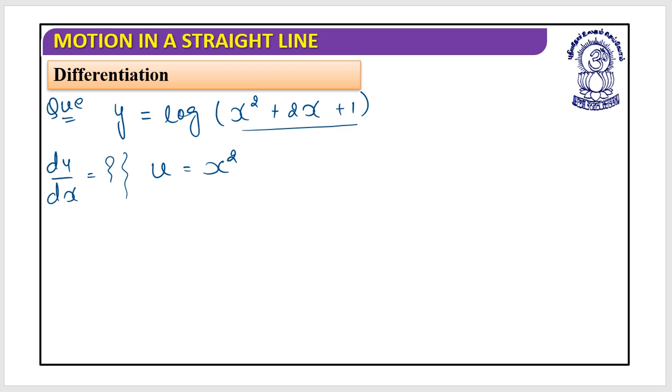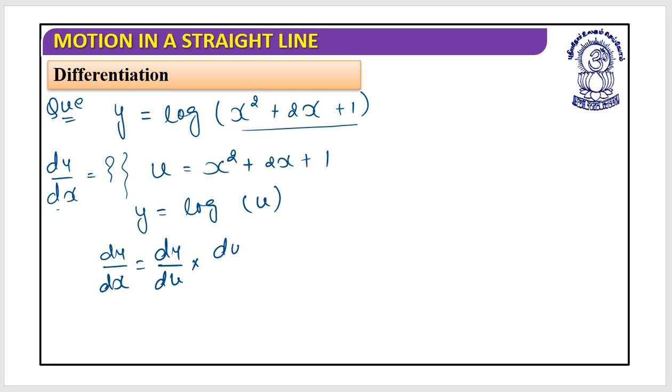My u would be x square plus 2x plus 1. So my new equation should be y is equal to log of u. Now when I perform dy by dx, I need to find dy by du multiplied by du by dx. Okay, now do this step by step.